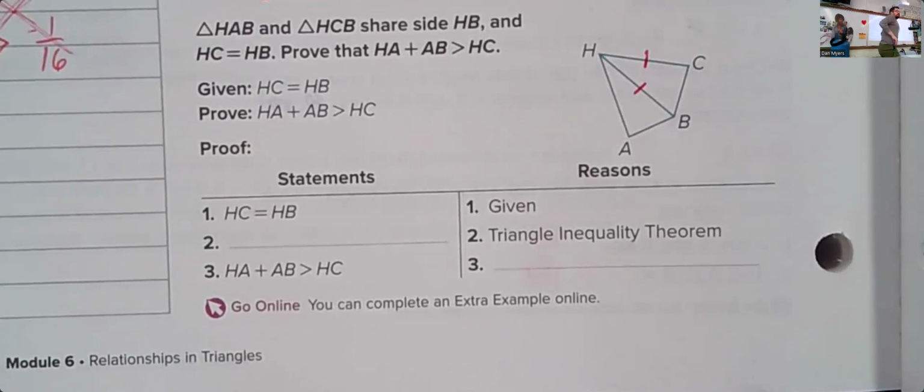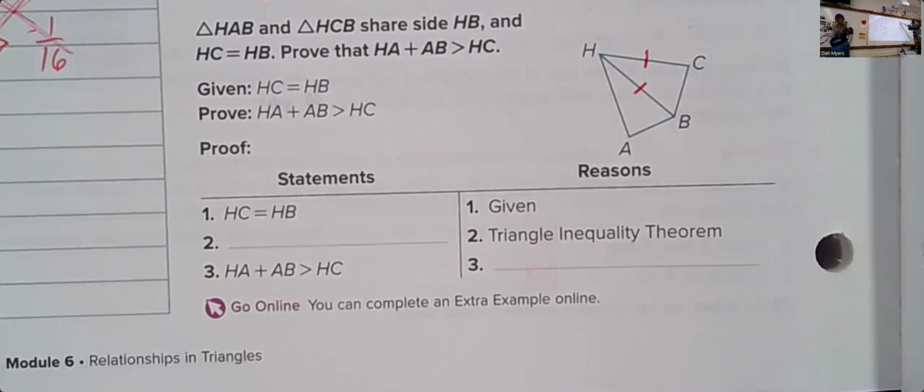So let's think about this for a second. We're trying to show that HA plus AB is greater than HC. HC is not part of this triangle. What is part of this triangle other than HA and AB? No, BC is on the other one. But HA and AB, what's the third side of this triangle over on the left? HB.